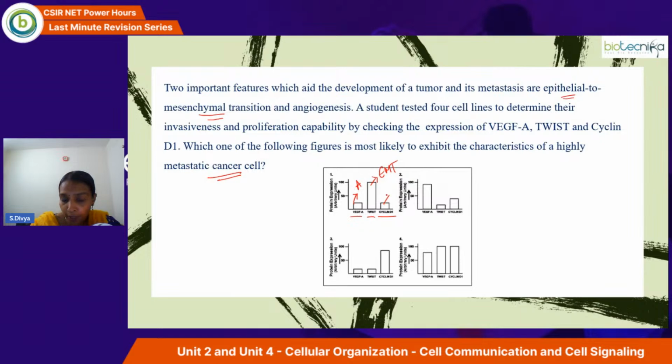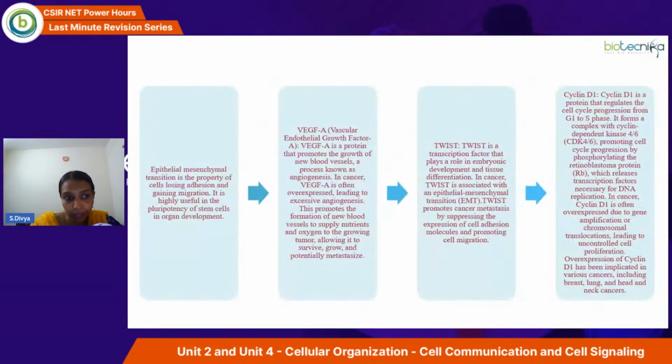And overexpression of cyclin D1 is always seen in case of cancer. So obviously, if you look into the graph, the correct answer over here will be this one. Okay, because cyclin and Twist are equally important. All are equally important.